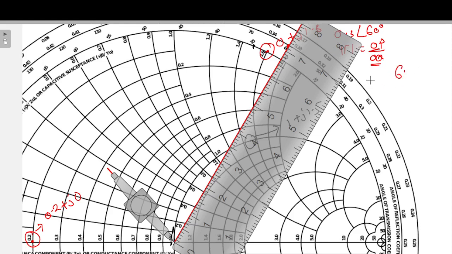So let us write here: the magnitude is given as 0.3, which equals OP divided by 6.7. That implies, what will be the OP value? OP is equal to 0.3 into 6.7.